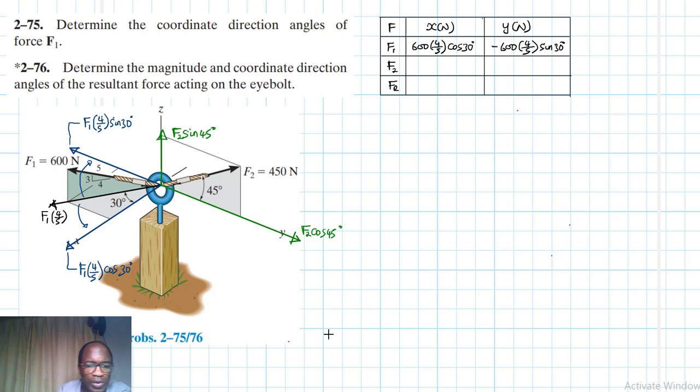We have also another component for F1 in this direction like so, and this one is equal to F1 times the rise. What's the rise? It's a 3 divided by, we're using this one here, right? It's a 3 divided by 5.